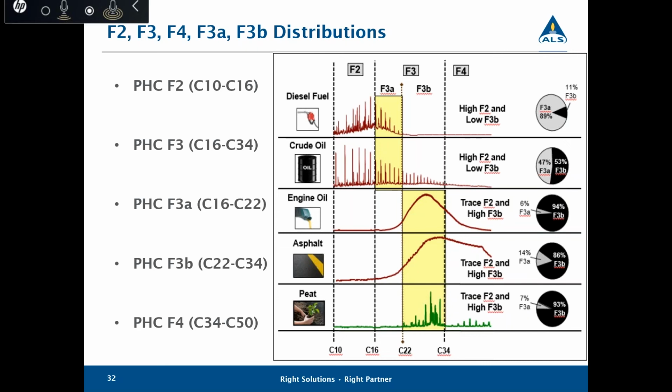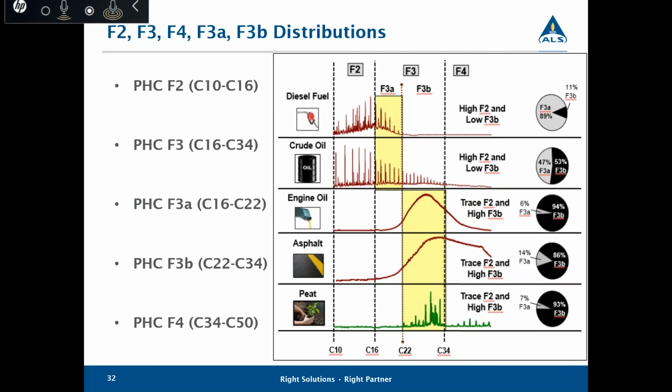This picture, which I think is very common, a lot of people have seen it, summarizes where the BIC scale can be used and when it cannot be used. Obviously, we cannot use it for engine oil and asphalt because they mimic almost the same ratios that we see in the clean peat samples when the exceedances for F3 fractions are above the Alberta Tier 1.